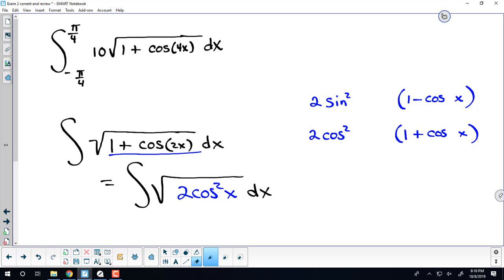That's 4x as our argument. Then our argument over here for sine squared and for cosine squared is what? It's just 2x, half of that.